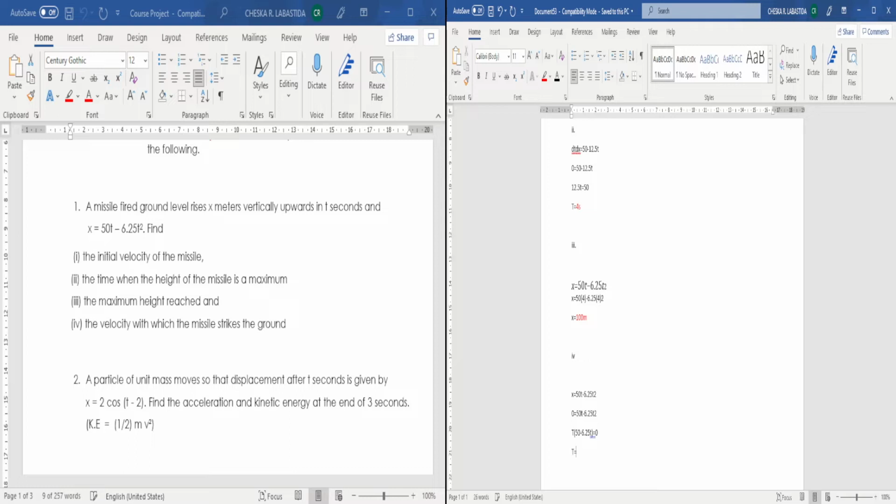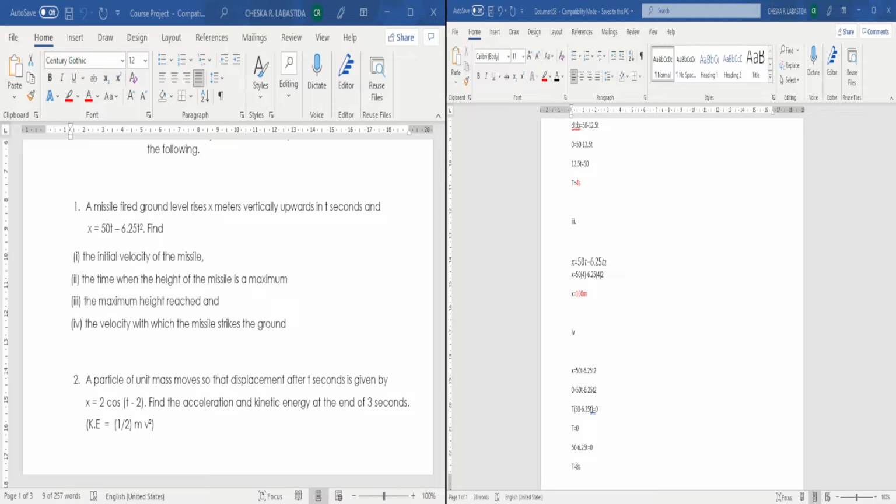So t is equal to 0 because initially the missile is on the ground. Then 50 minus 6.25t is equal to 0, and that will come up to t equals 8 seconds.